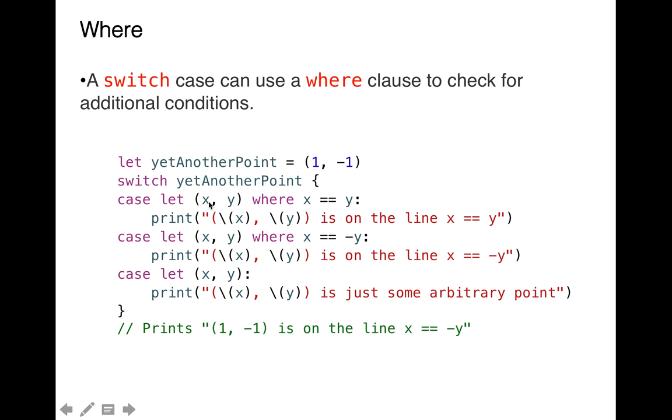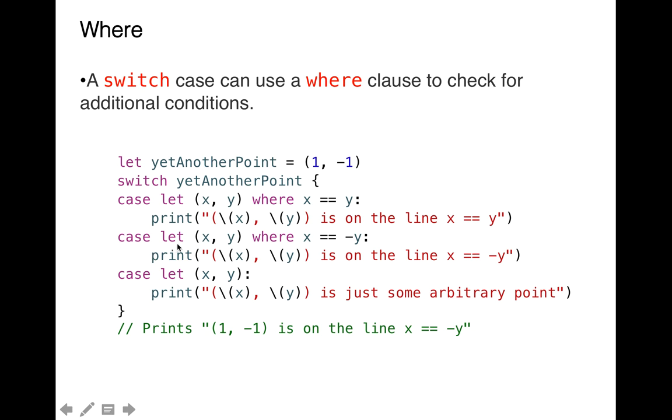This part is just for the value binding. However, they put the condition here: that should be x equal to y. Then do something. See here, this is a positive one, negative one, so it's not this case.